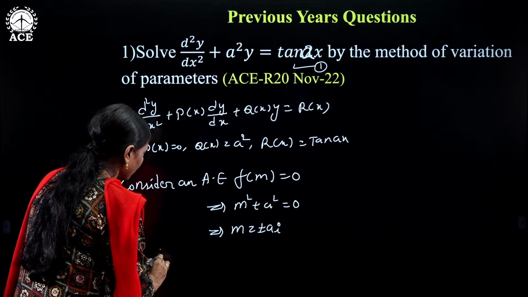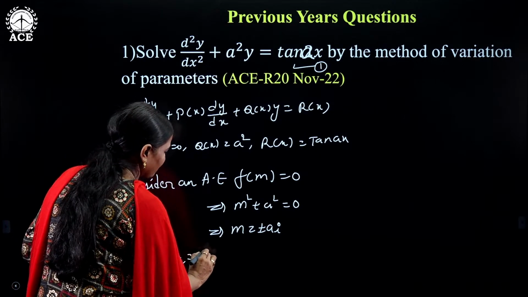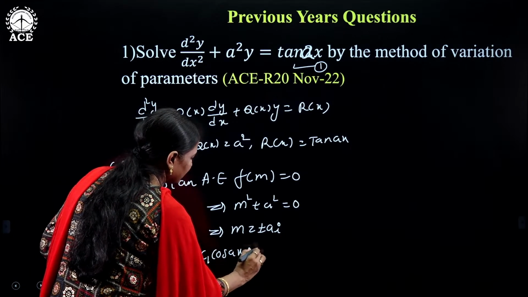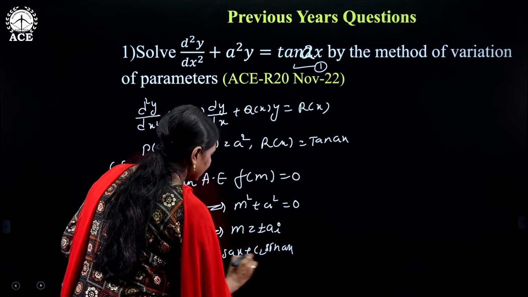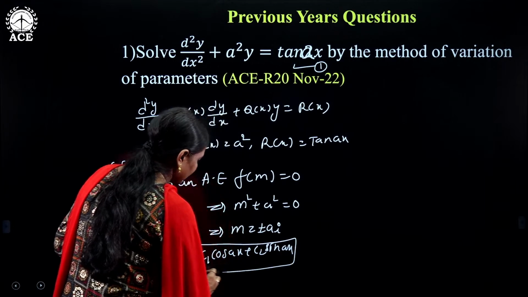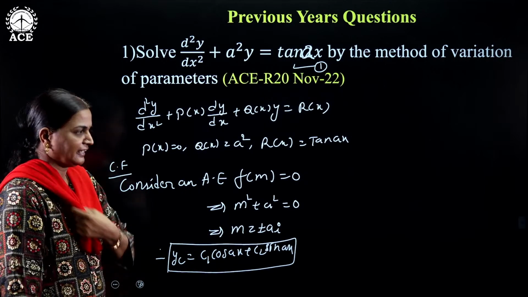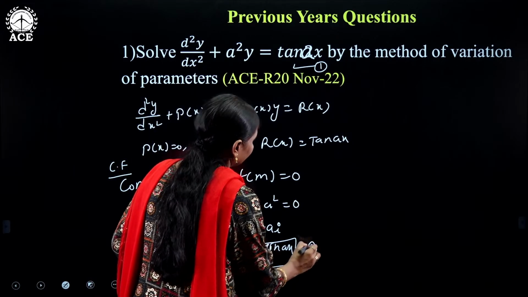When the roots are complex and distinct, how to write the complementary function? Yc is equal to c1 into cos ax plus c2 into sin ax. Here alpha is equal to 0, e power 0x is 1, so directly Yc is equal to c1 into cos ax plus c2 into sin ax. This is equation 2.